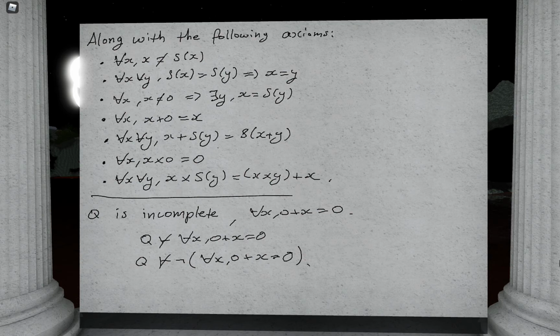Yeah. Sorry, one second. I should probably address your definition of complete here. Well, firstly, could you clarify, is Q just this set of 7 axioms, or is Q the set of all provable consequences of those axioms?